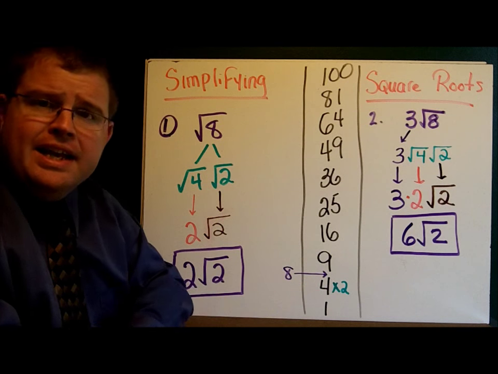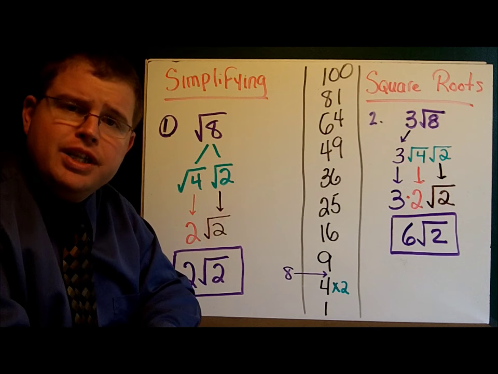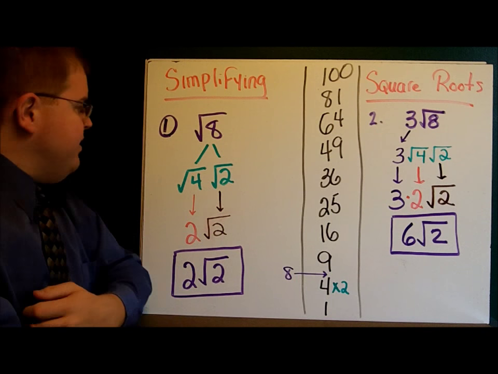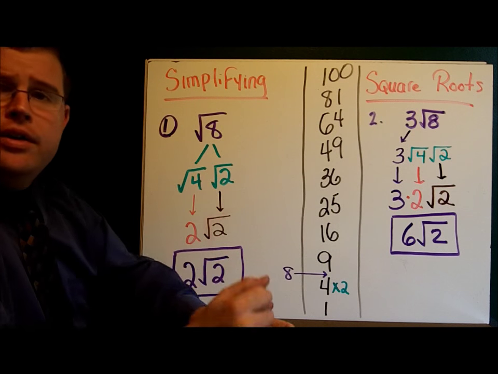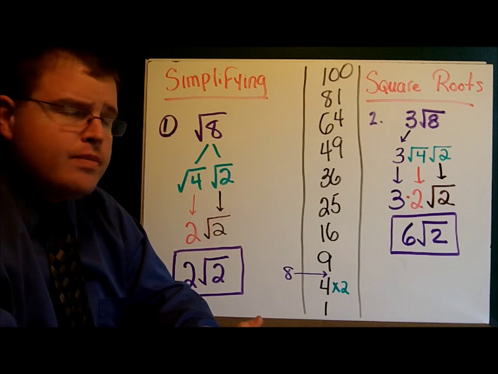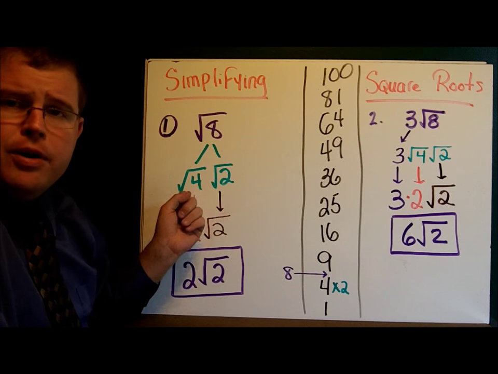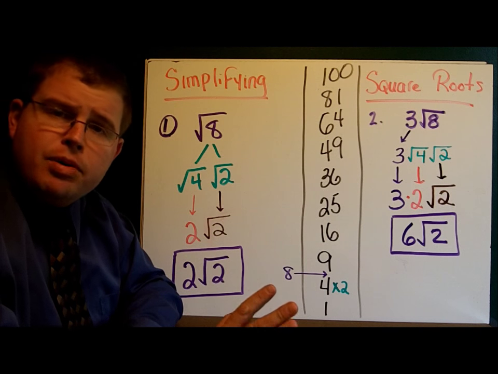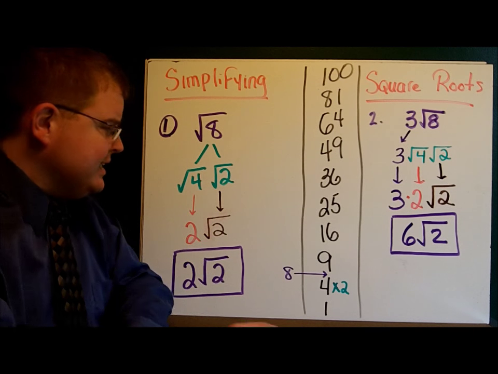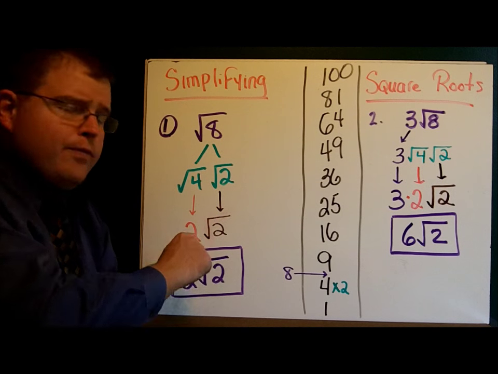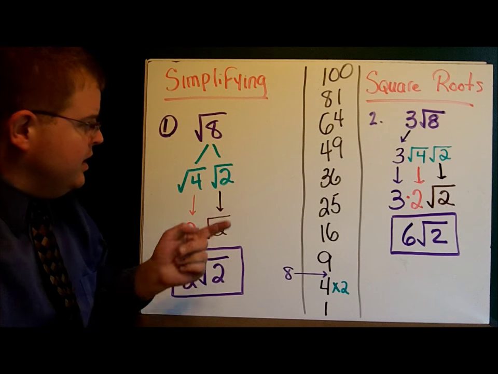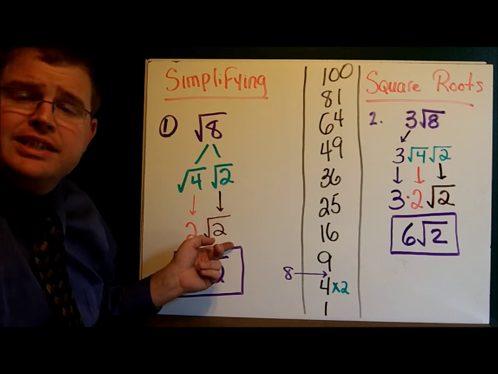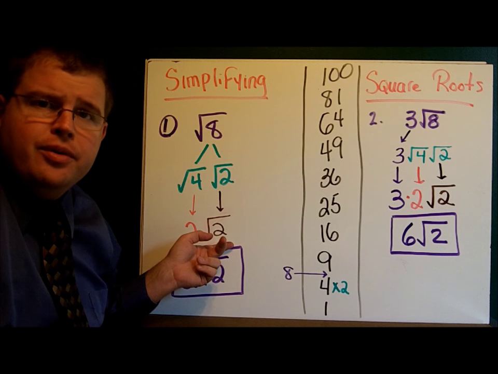4 goes into 8 2 times. 4 times 2. So what we'll do is we'll change the square root of 8 to the square root of 4 and the square root of 2. Now we have a perfect square and a non-perfect square. The perfect square will simplify nicely because the square root of 4 is 2. The square root of 2 is nothing special, so that just stays as the square root of 2.